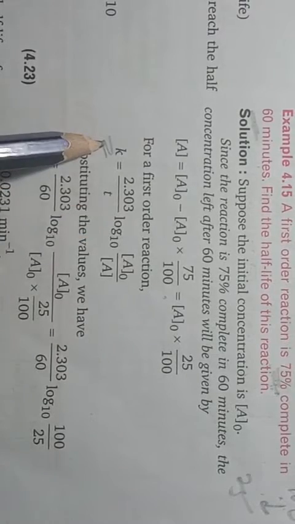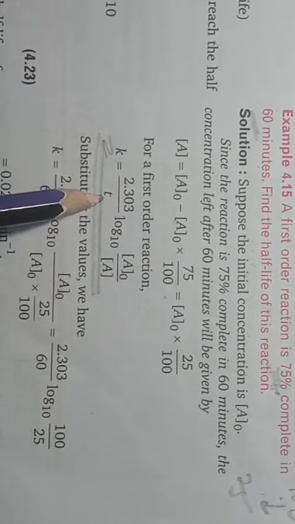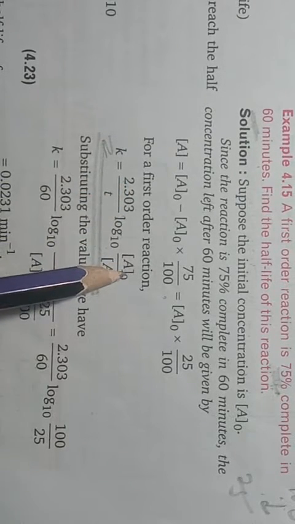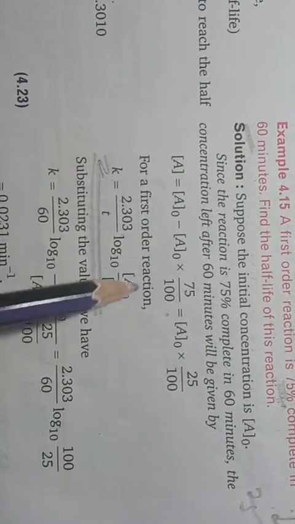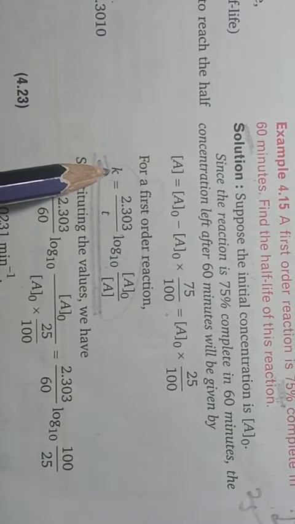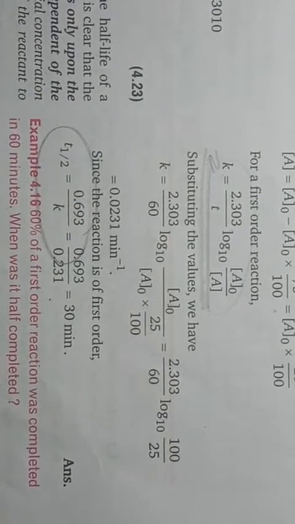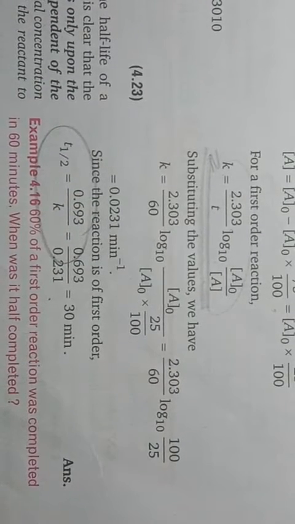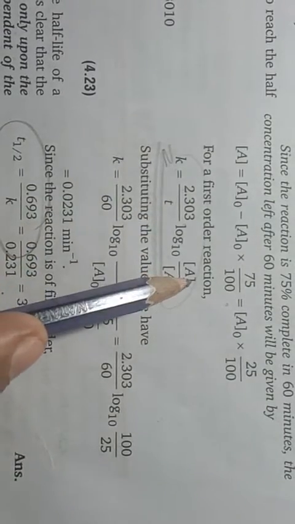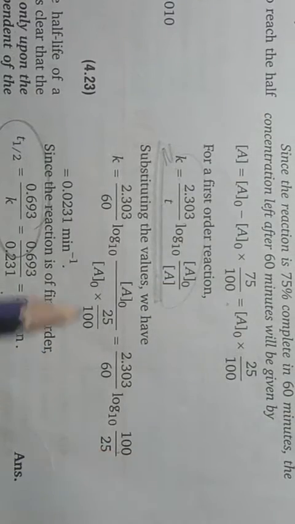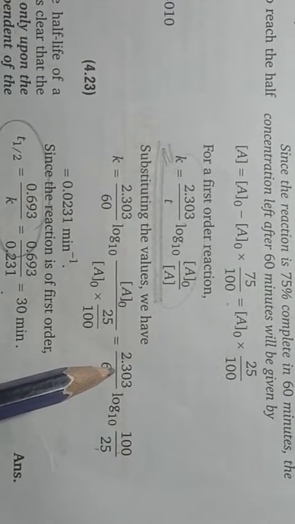So we will write these values in this relation: K equals 2.303 upon T log base 10 of A naught upon A, the initial amount upon the amount after time T. With the help of this relation we will first calculate K, and this value of K we will use in the other relation to find the half-life period of the reaction. So the initial amount we took is 100, and the amount left after 60 minutes is 25.